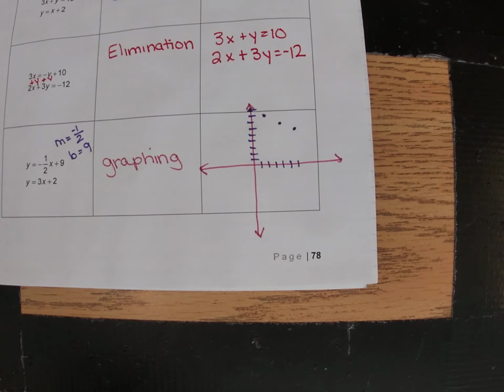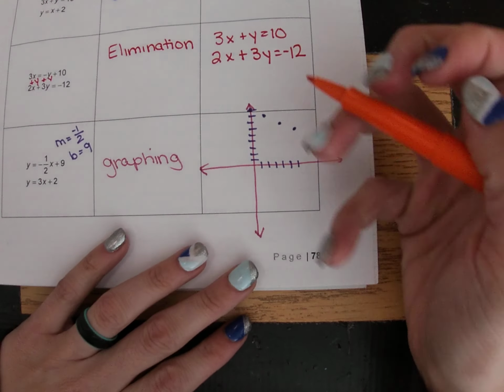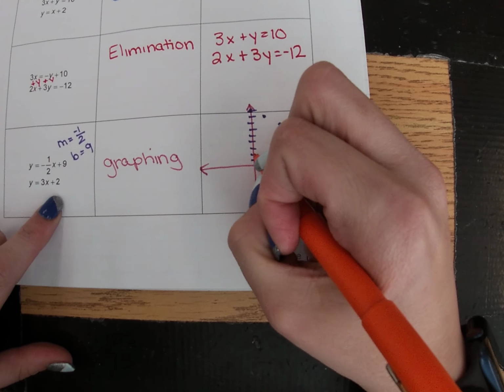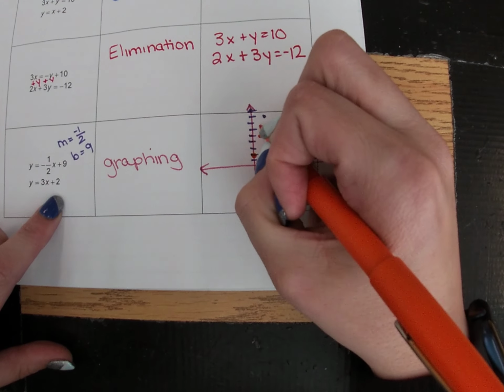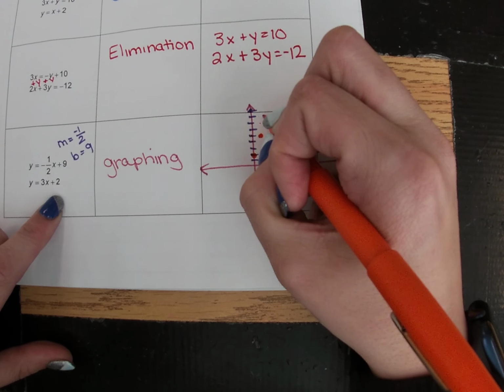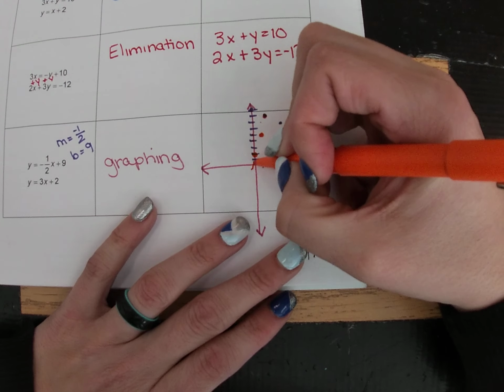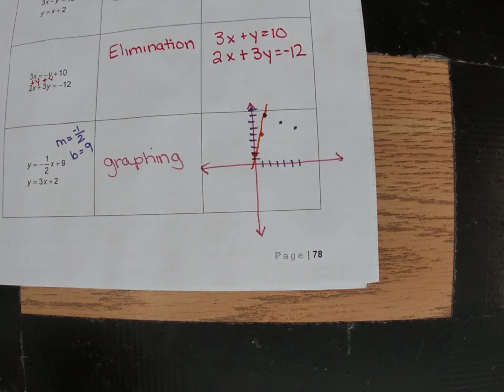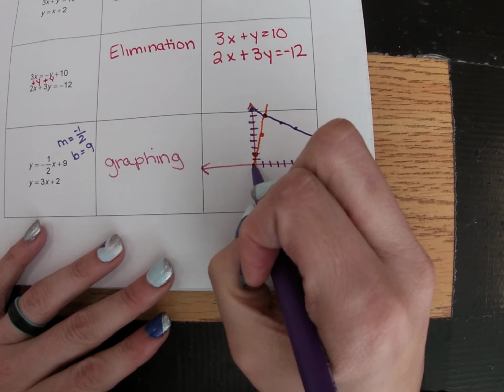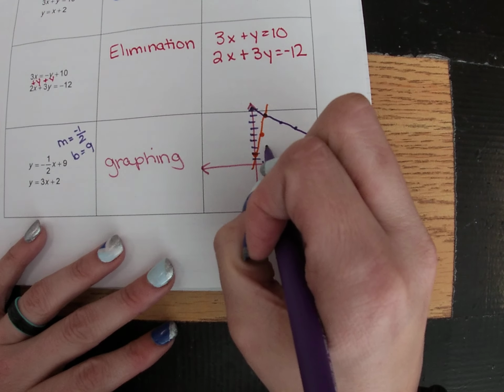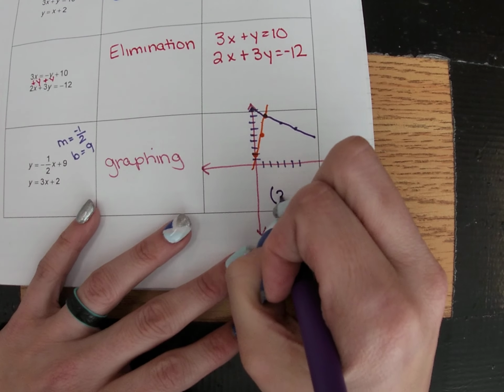Now my dots might not look perfect, but again, keeping in that idea of down 1, right 2. Okay, if I'm starting here at 2, then I'm going up 3 over 1. Up 3 over 1. So I can at least put together that this intersection point right here is at the ordered pair (2, 8).